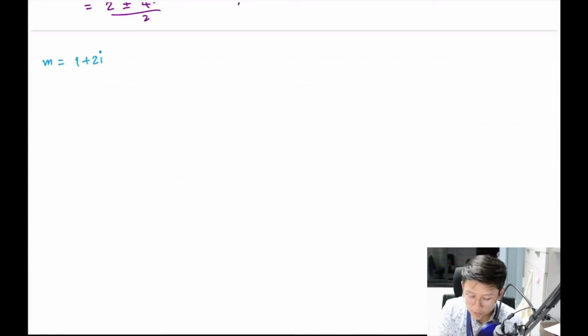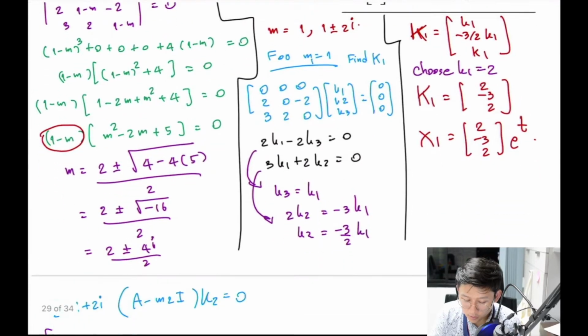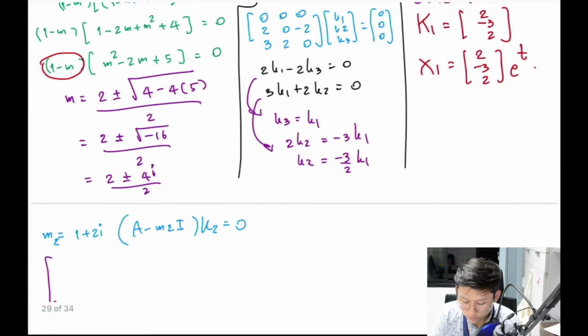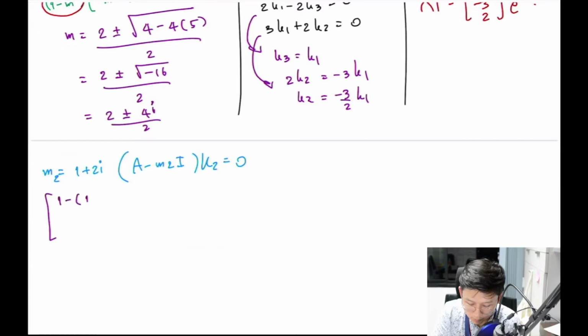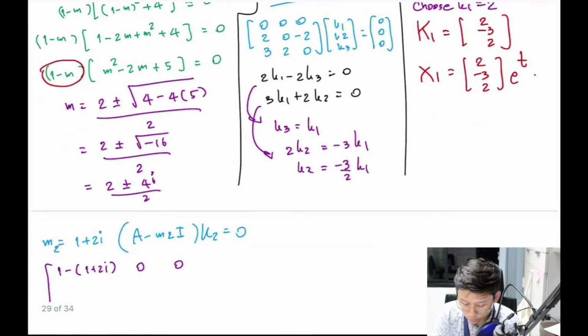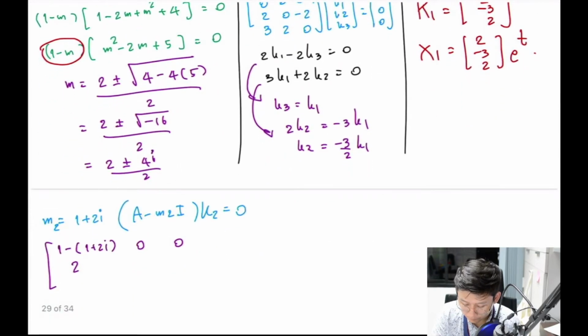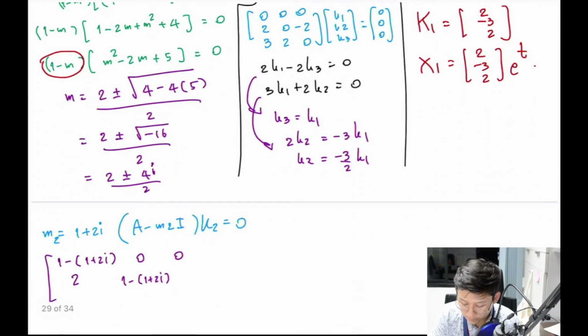Okay, so I look at A minus m, let's call this m2, m2 I times k2 equals 0. So we have that A is 1 0 0, so we get 1 minus (1 plus 2i), 0, 0, and then 2, 1 minus (1 plus 2i), and then minus 2.